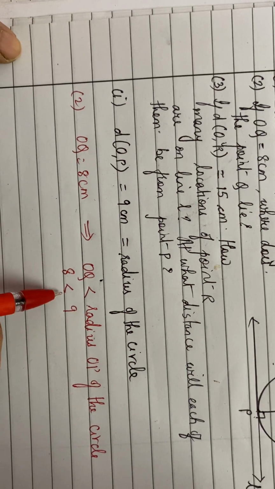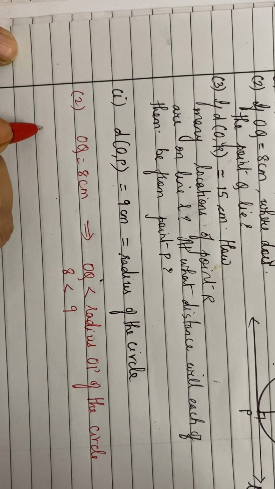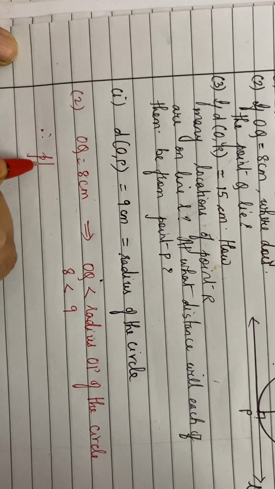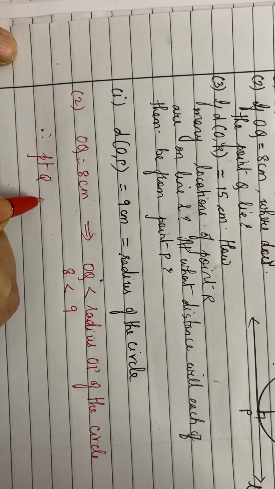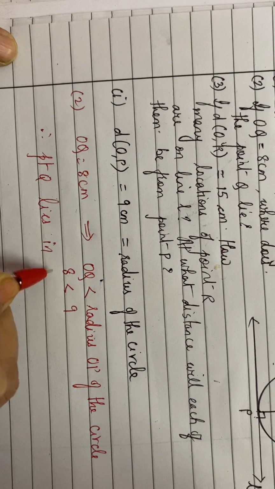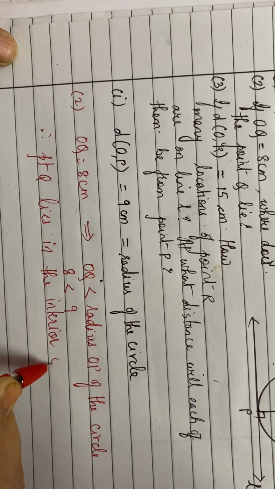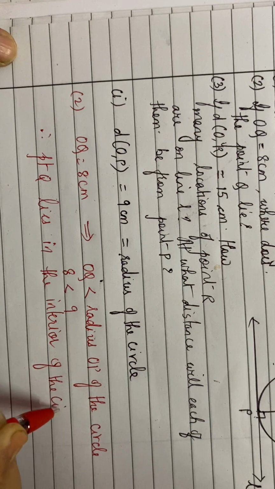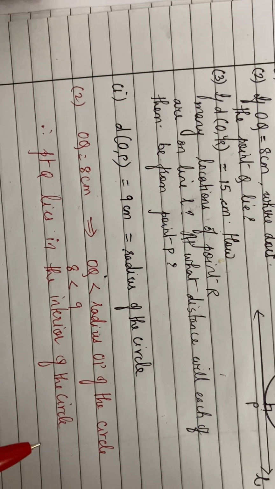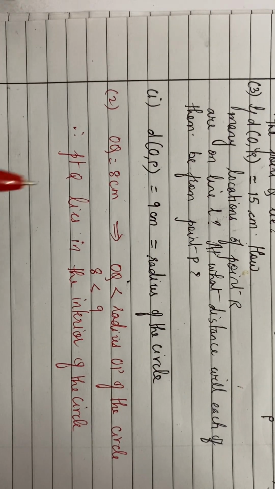So as 8 is smaller than 9, therefore point Q lies in the interior of the circle. So this is the answer for your second question.